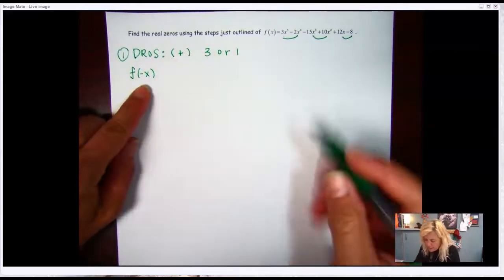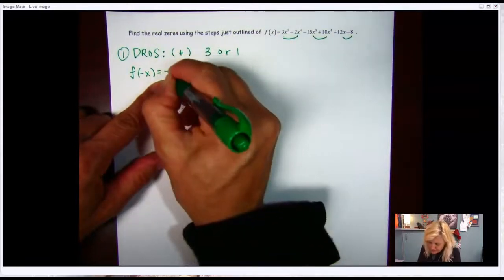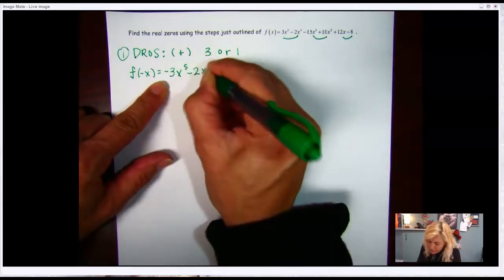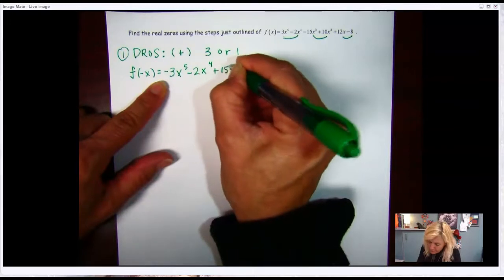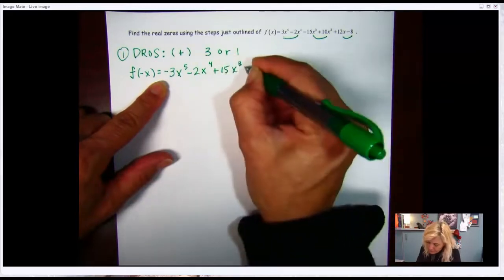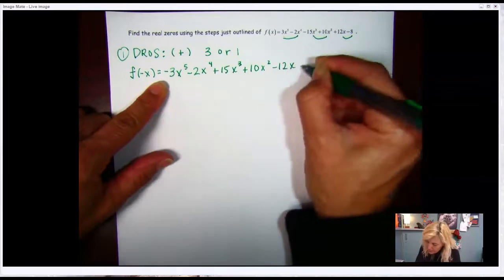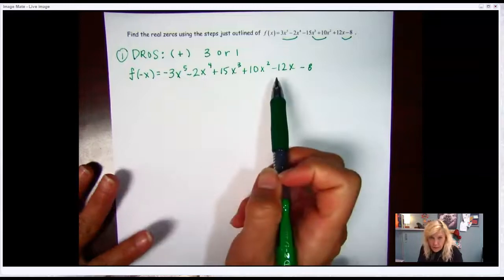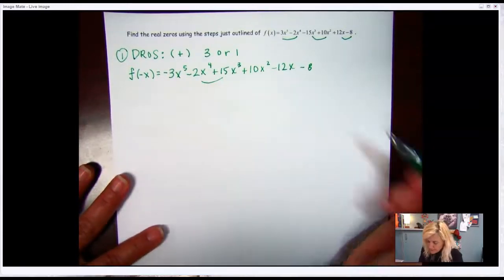I'm going to go ahead and plug in negative x. So remember, all of your odd degree signs are going to change. All of your even degree signs are going to remain the same. And of course, we're not going to mess with a constant. So when we look at the negative change in signs, negative, negative, here's where it switches to positive.